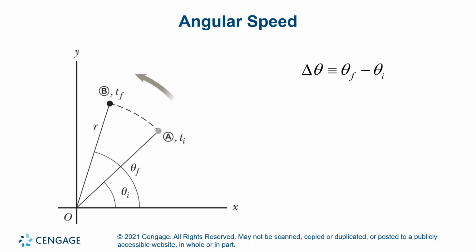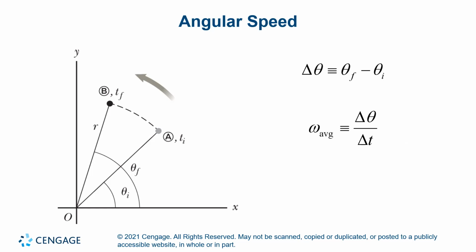Delta theta here we call the angular displacement. Therefore, our average angular speed, represented by the symbol omega, omega sub avg, is equal to delta theta, our angular displacement, over delta t.